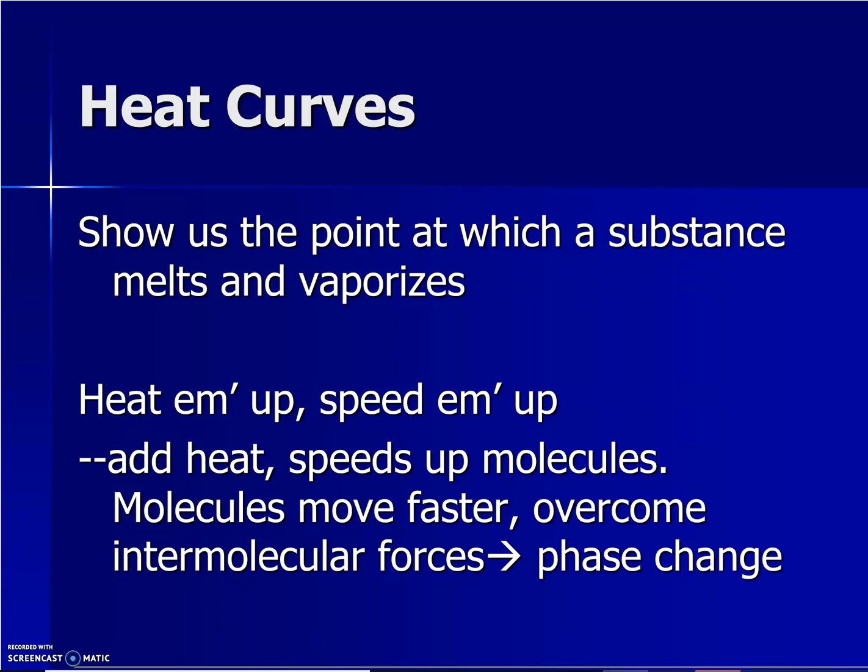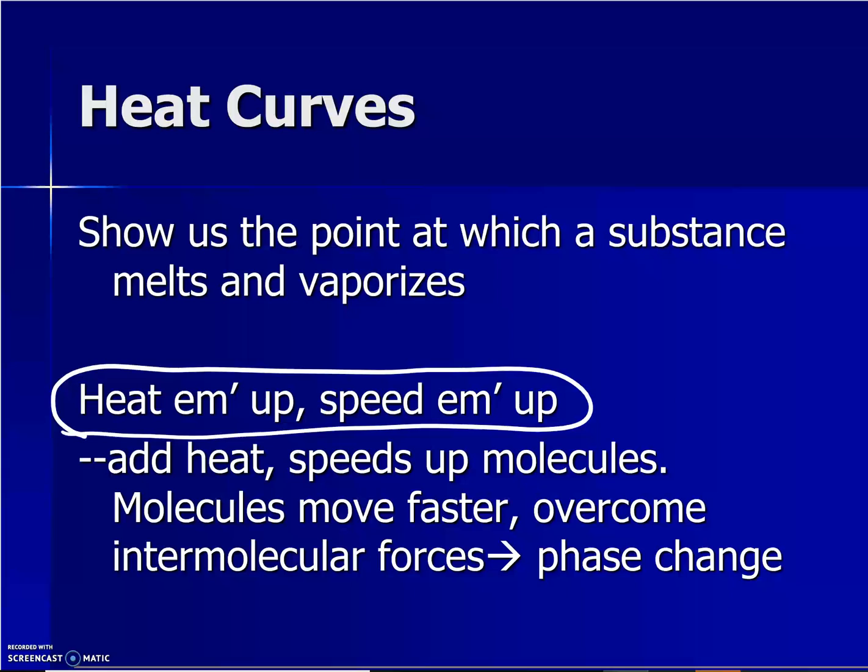A second type of graph is the heat curve, and what this shows us is the point at which a substance melts and evaporates. And one thing to remember, the reason a substance will go from one phase to the other, is heat 'em up, speed 'em up. You'll hear this quite a bit. If you add heat, it's going to speed up the molecules.